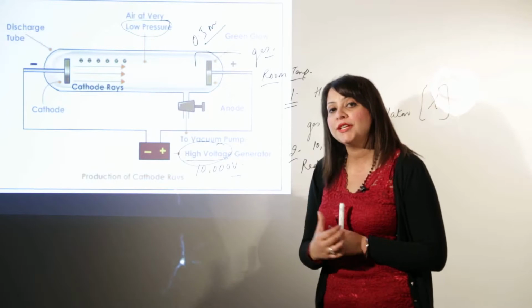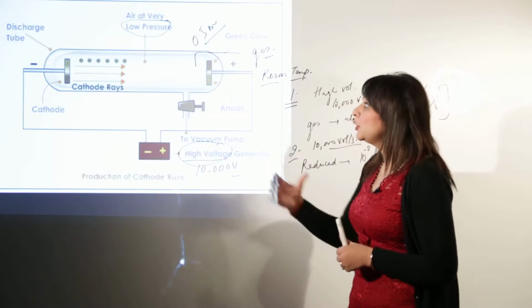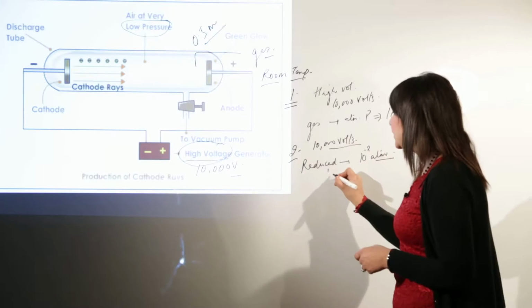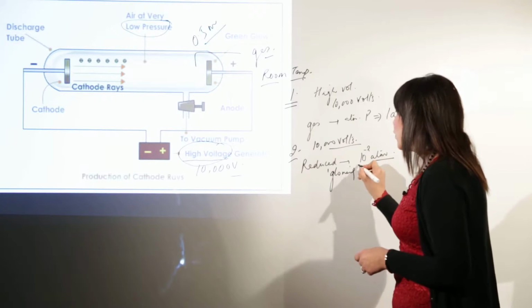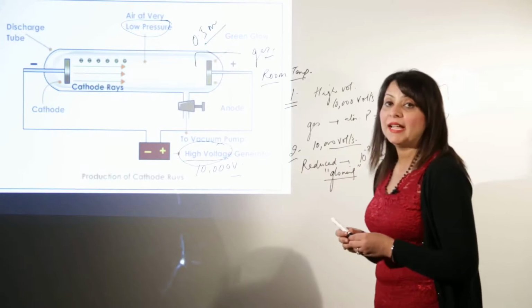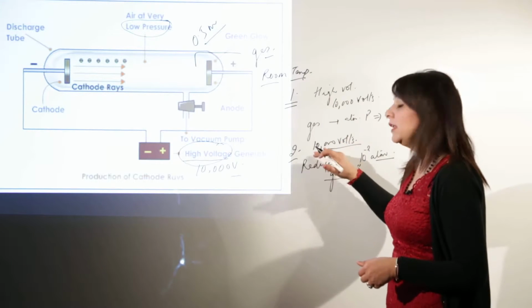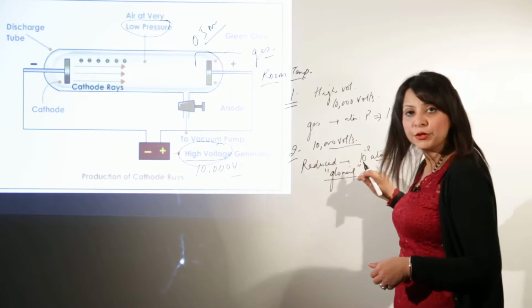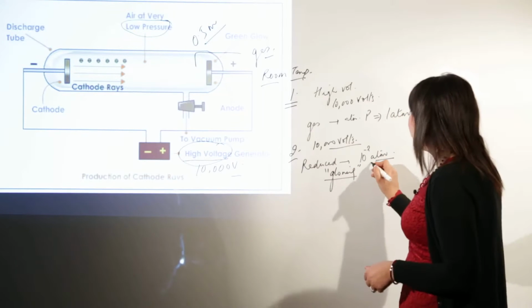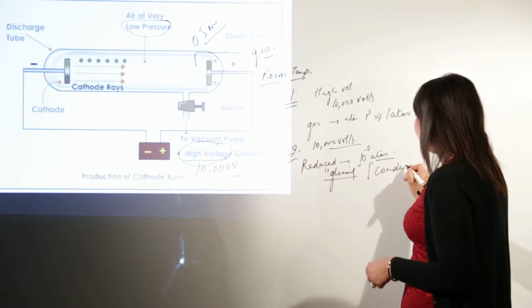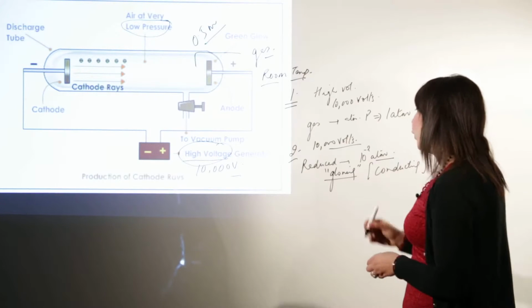And you know what those changes were? The tube started glowing. The tube started glowing. So this change indicates that the gas became conducting. So under this condition, the 10,000 volt battery and a reduced pressure of 10 raised to the power minus 2 atmosphere, the gas became conducting.